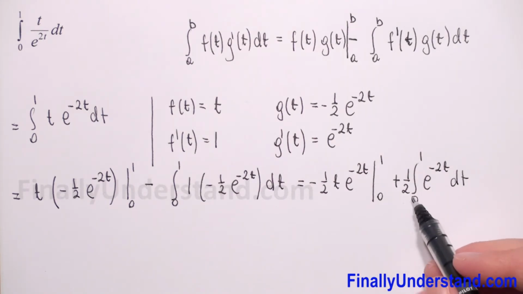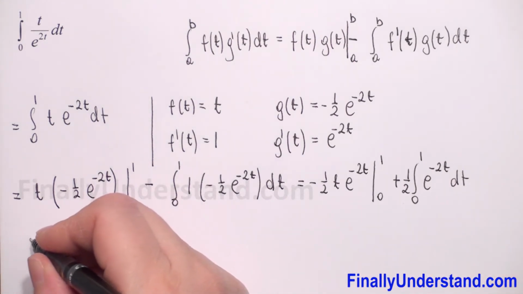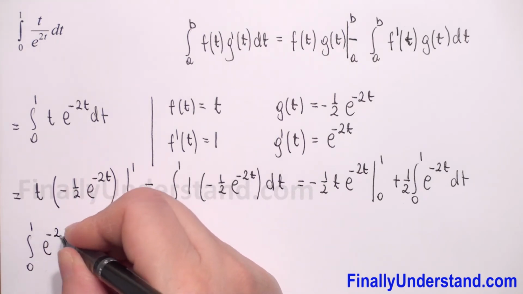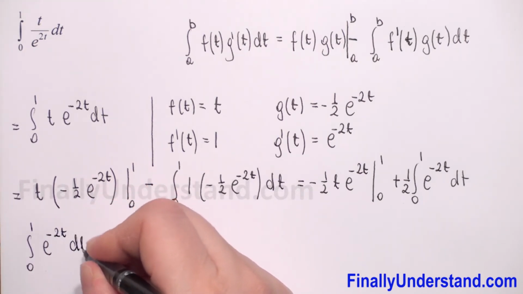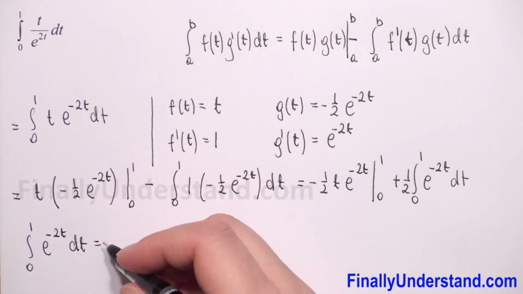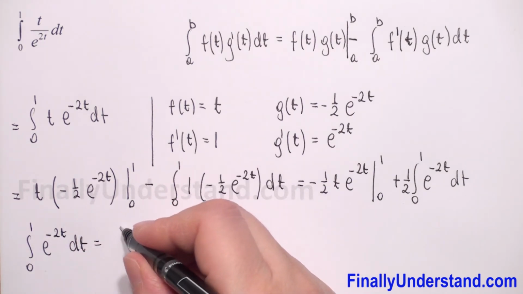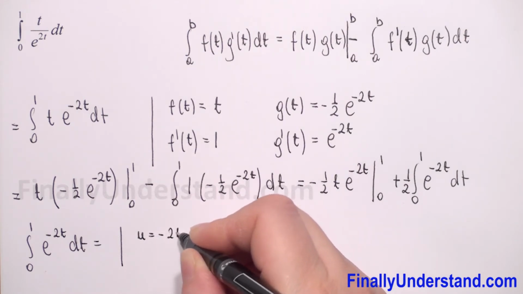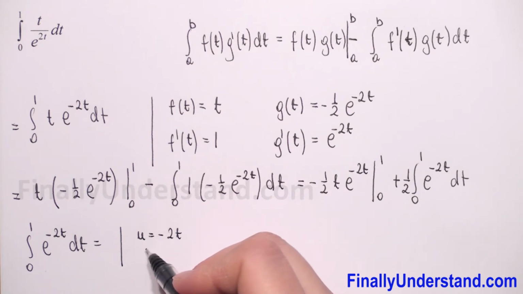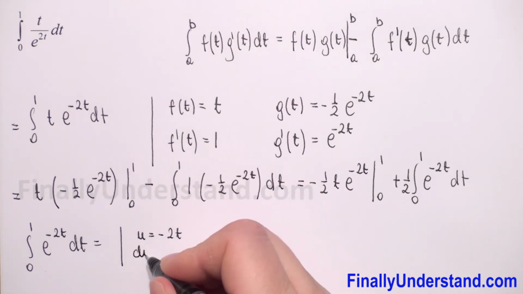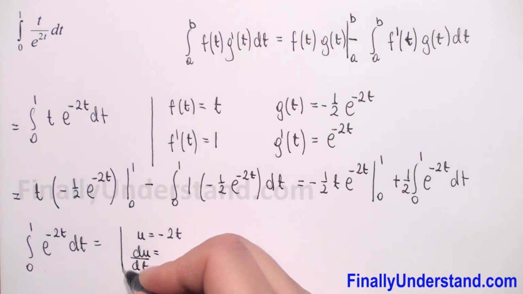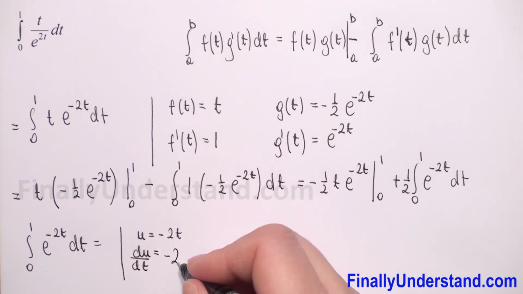Now let me do this integral first. We have the integral from 0 to 1 of e to power negative 2t with respect to t. To do this integral, we will use the substitution method. Let me put that u is equal to negative 2t. Now we need to find the derivative of both sides of our equation. So du over dt is equal to negative 2.